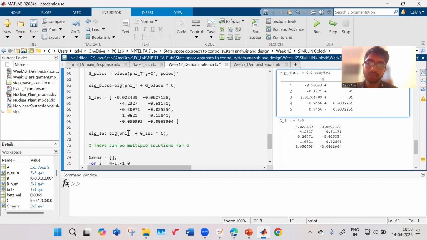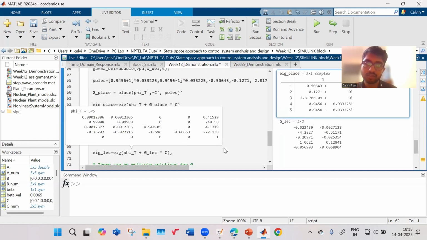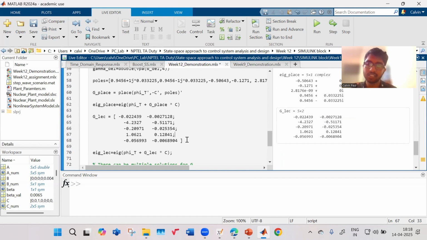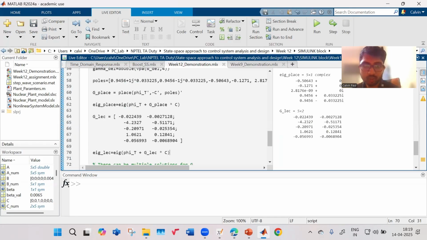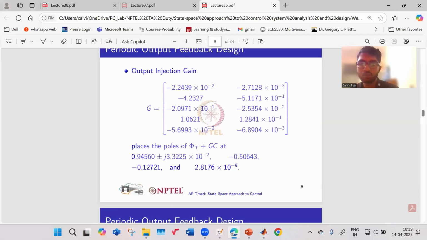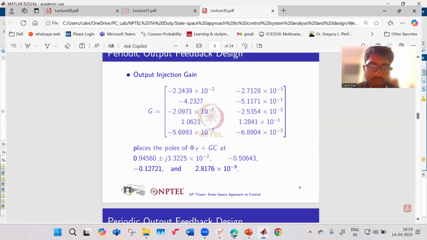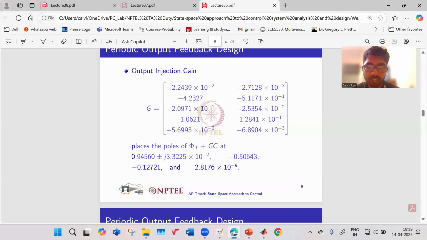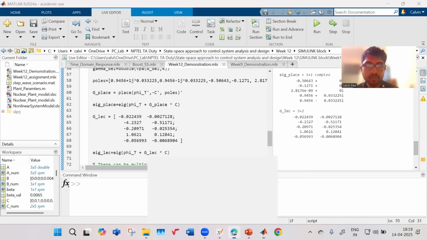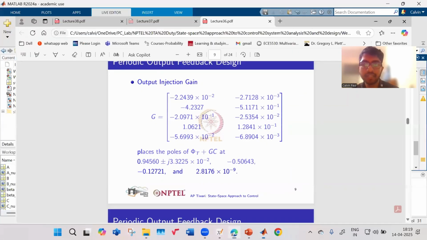So then what I did, I put in the gains which Sir has in his lecture. If you can cross check, it is minus 2.2439 times 10 to the power minus 2, minus 0.027128, which is again shown. Then minus 4.237 and minus 0.51171, minus 0.20971, and so on.